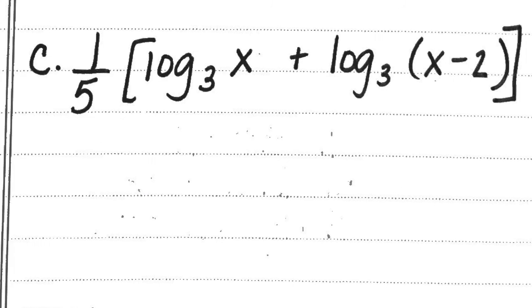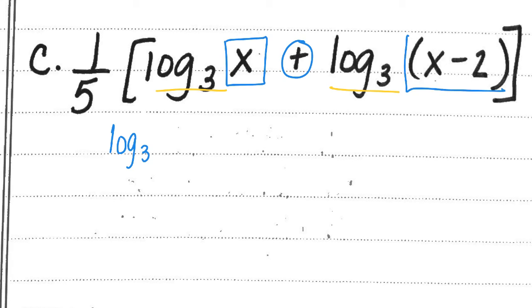This says to condense. So remember, this has a bunch of log base 3, but now I'm going to condense it. So I'm going to write that log base 3 at the front. Well, the first thing I know is I am multiplying x and x plus 2. So I know somewhere I'm going to multiply x and x plus 2.